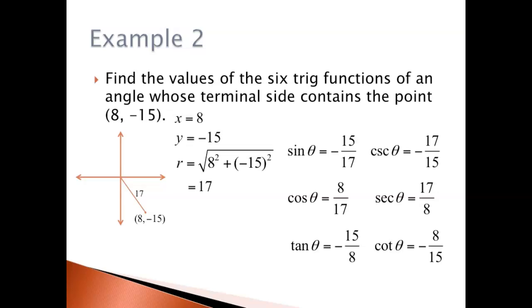Now you'll notice as we look at this, and I had said the positive and negative signs are accounted for because of your x and y values being either positive or negative depending on which quadrant it's in. So if you take a look at the picture that we have, notice we're in quadrant 4. Remember, in quadrant 4, all students take calculus, only cosine is going to be positive.